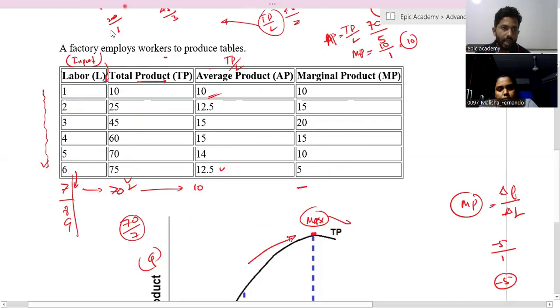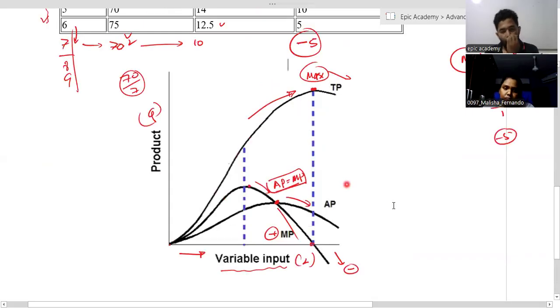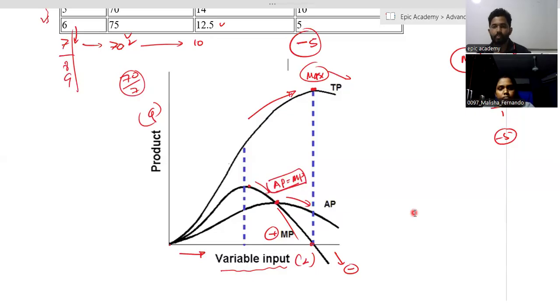After it reaches the maximum point, it becomes a minus value. This is what is happening. You can take some information table from the internet and identify the behaviors of the total production, marginal production and average production.